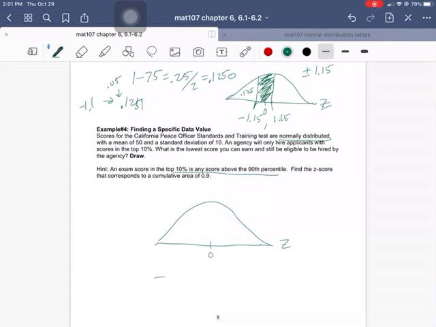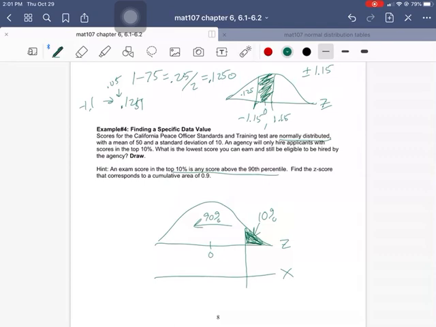Okay, so I'm just going to take a guess and say the top 10% is there. So that means this top 10% is here. That means this is the rest of the 90% of the people. Okay, so I need to find this z-score from this percentage.